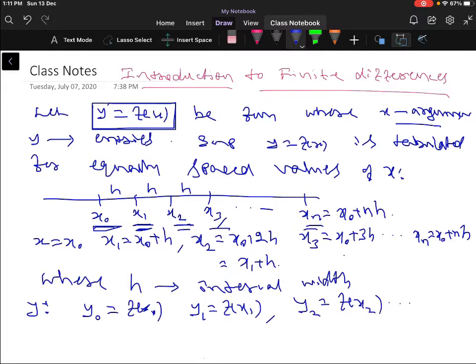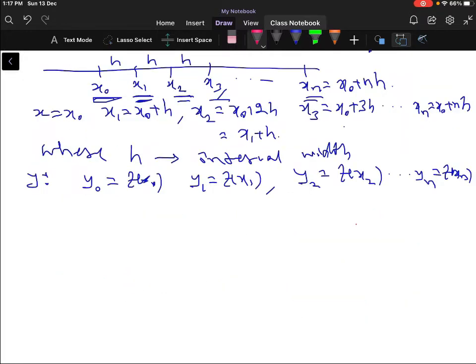When x is equal to xn, y is yn, nothing but f of xn. Generally, we define the set of pairs of values of x and y, that is xi comma f of xi, where i is equal to 0, 1, 2, and so on up to n.